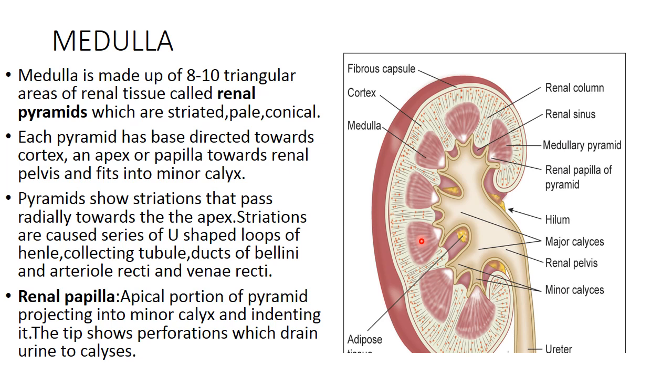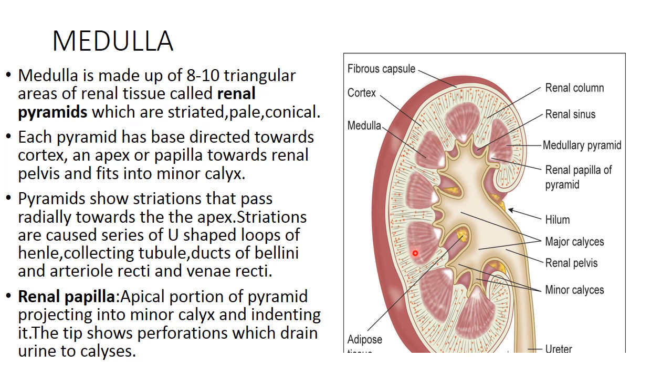The kidney shows outer cortex and inner pale area known as medulla. So the inner aspect of the longitudinal section of kidney is known as medulla. This pale medulla is formed by 8 to 10 triangular areas of renal tissue known as renal pyramids.